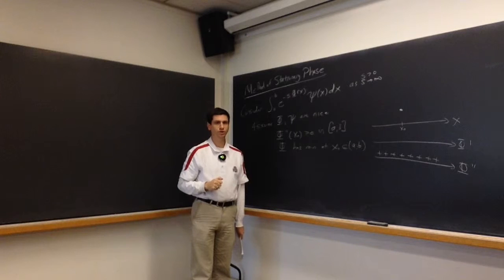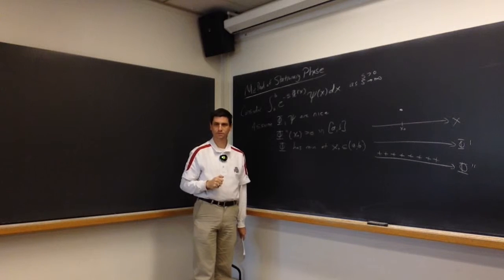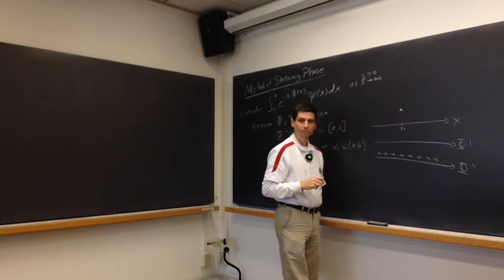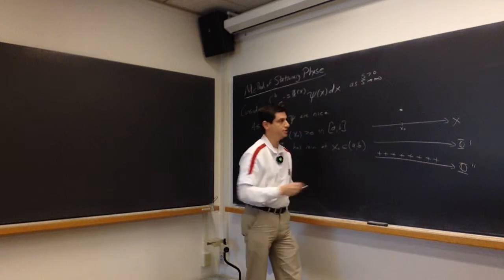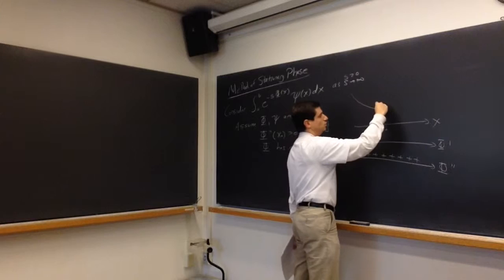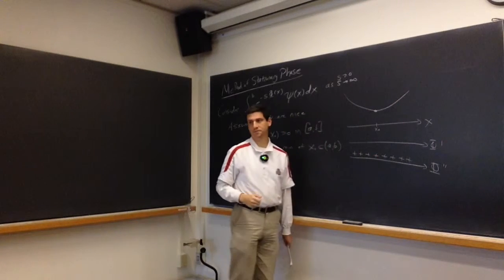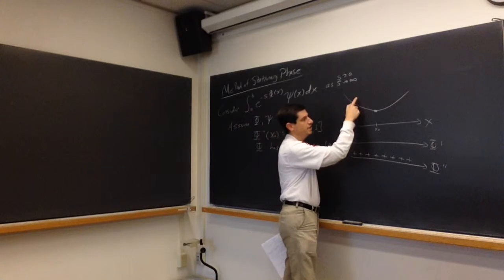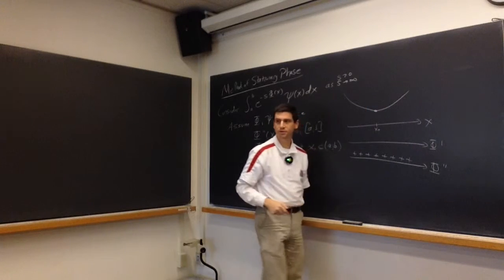Is it possible we could have a minimum someplace else? Phi prime is strictly increasing. So it's got to look, we don't necessarily know what it's like, but because we have a minimum here, it's got to be coming down and then going up.